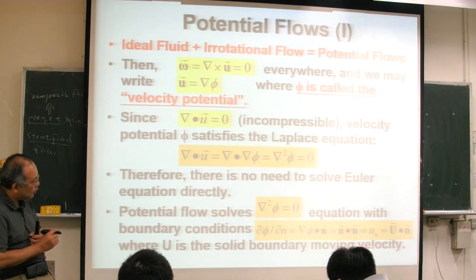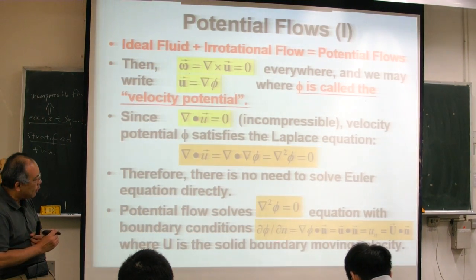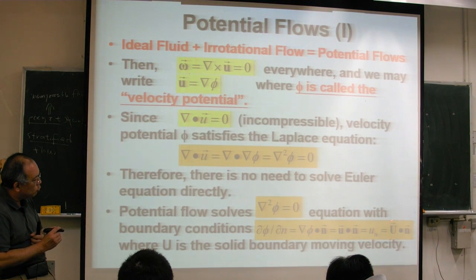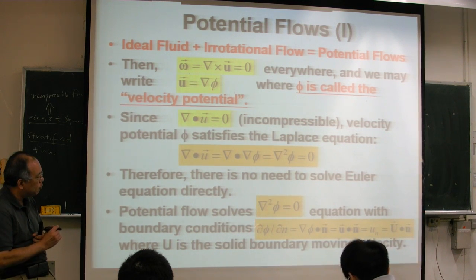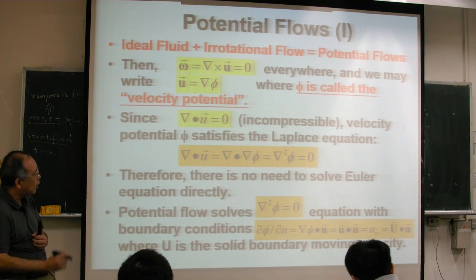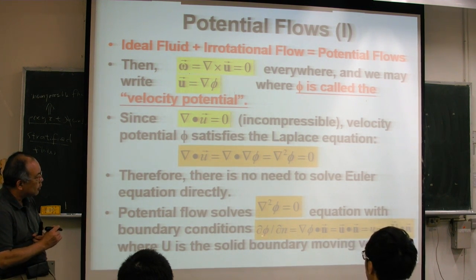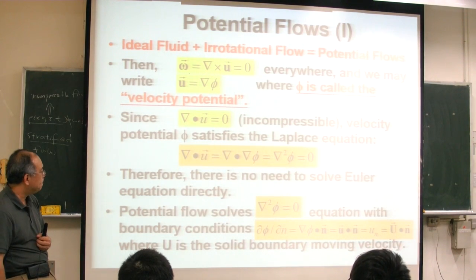This is the only boundary condition we have to satisfy, and it can be represented as partial phi partial n equal to u dot n. With the governing equation and this boundary condition, we can solve all the physical problems we have.